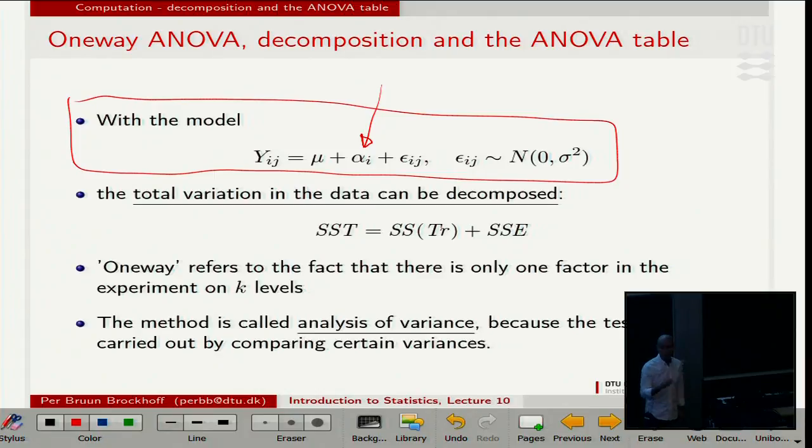That's a kind of measure of the size of the alphas. And then I also need, for the statistics here, something that can tell me how large the natural variabilities within the groups are, right? Because if I have two groups like this with a lot of variability, then it would be difficult to claim that one group is different from the other group, say.